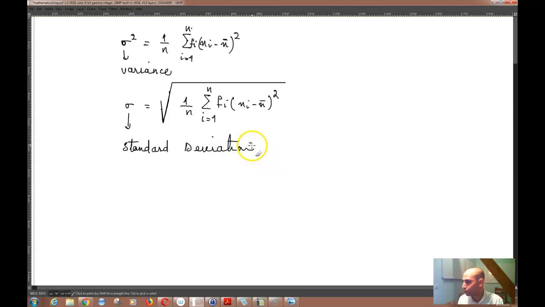And then we had the shortcut method for standard deviation.